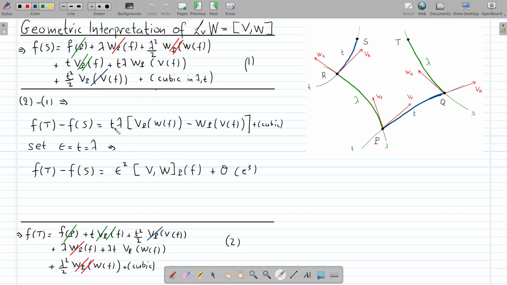So if we take t and lambda to have the same value epsilon, then the difference between f of t and f of s to order epsilon squared is given by the value of the action of the commutator of v and w on f at the point P.